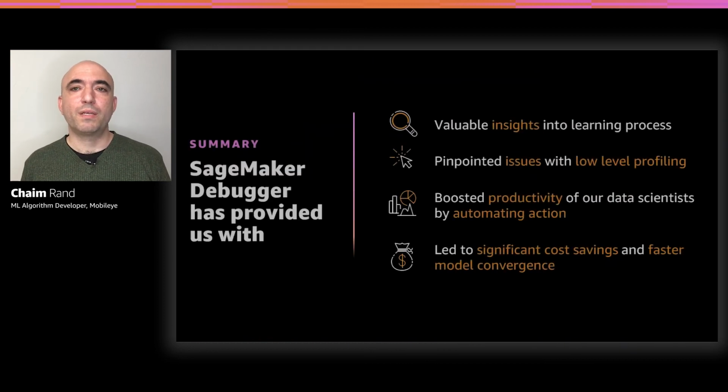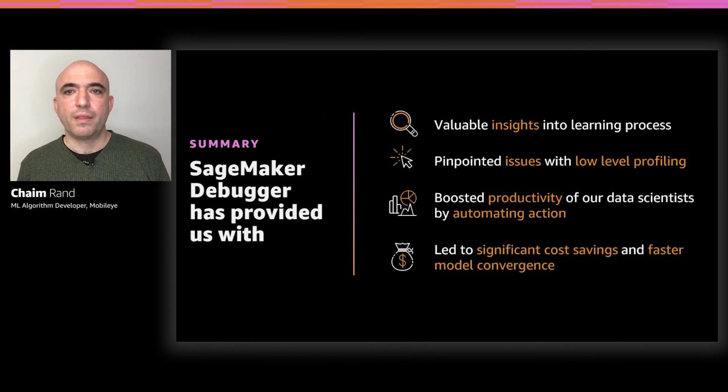This brings me to my final slide. As I have shown you, SageMaker Debugger provides our algorithm developers with indispensable features for monitoring and controlling the training process. The tensor monitoring tools empower our developers to glean deeper insights into the learning process than ever before.